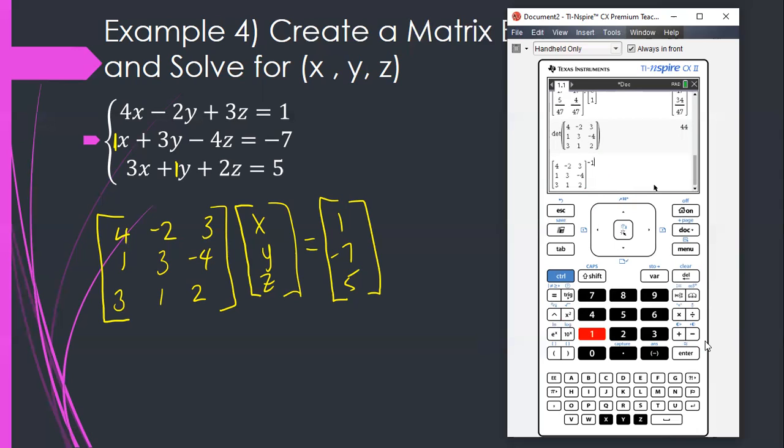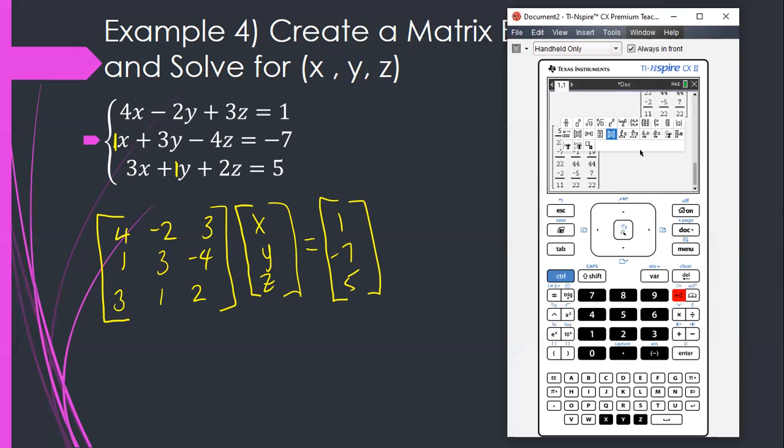So instead of having to constantly write it over and over, I can use what I have. Here's my inverse. It's a bit intense. At least you didn't do it by hand, right? Okay. After I have my inverse, then what do I do? I multiply by my constants. I need a 3 by 1 in order to put in 1, -7, and 5.